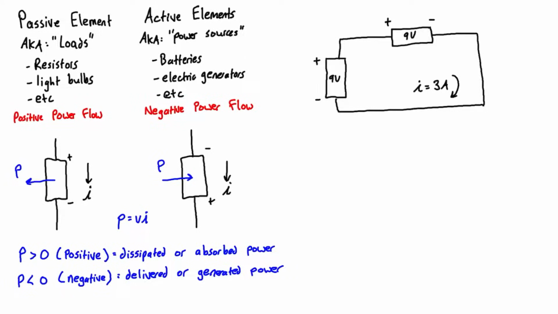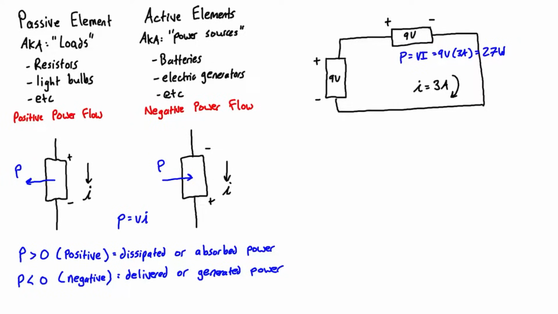So for this one in the top middle, let's have P is equal to VI. The voltage is 9 volts, and the current is entering through the positive terminal because it's going clockwise in this loop. So we'll input that as a positive value of 3 amps, and that's going to give us a value of positive 27 watts. And because it's positive, this is power dissipation or absorption, and this would be a load in the circuit.